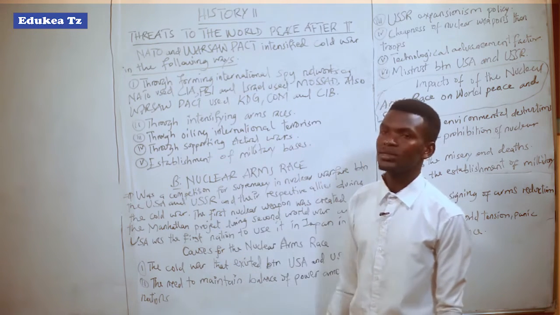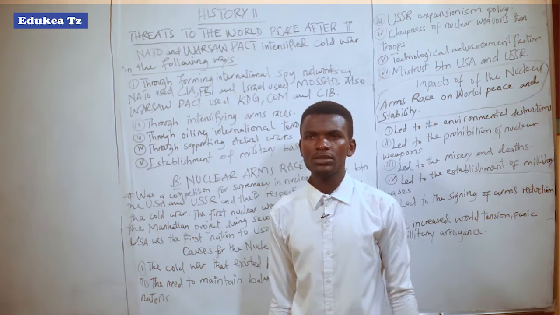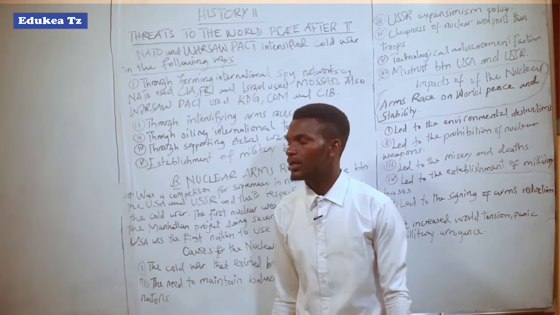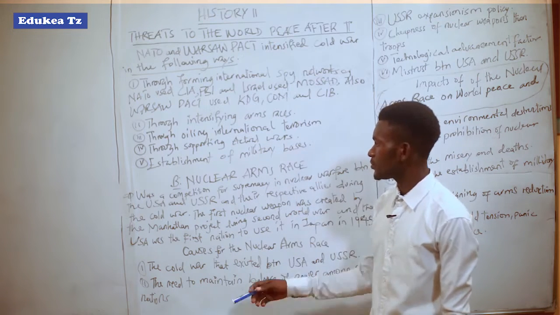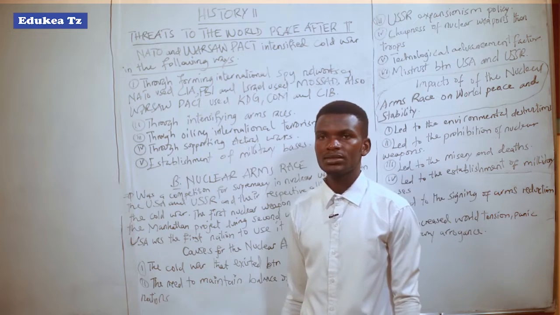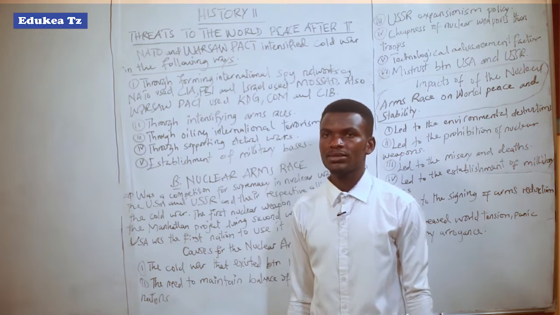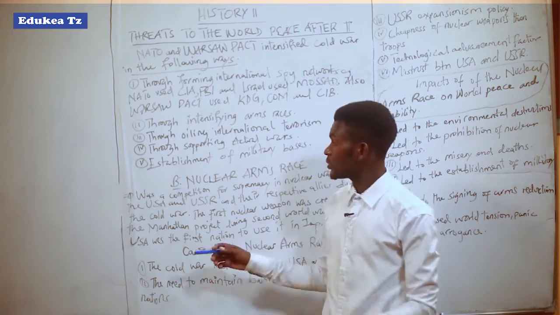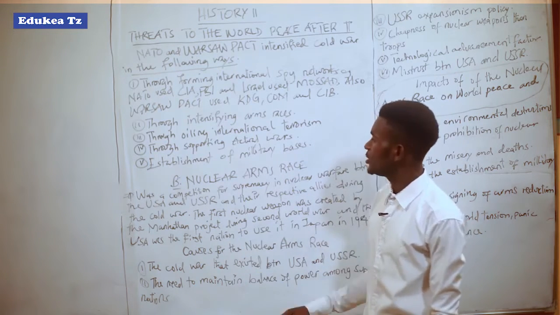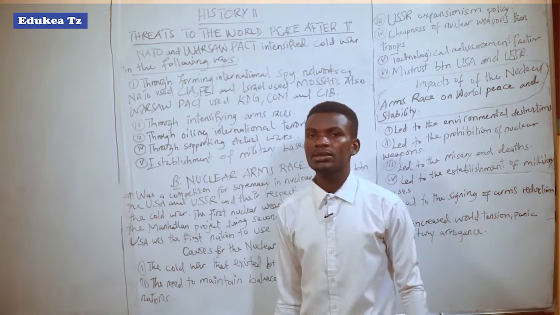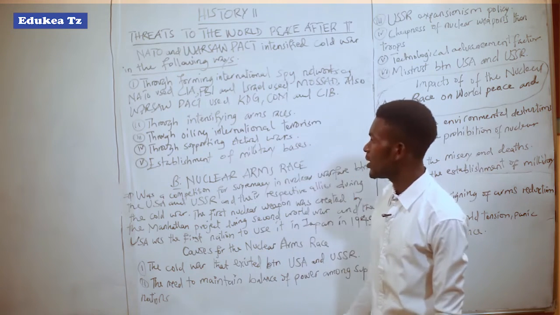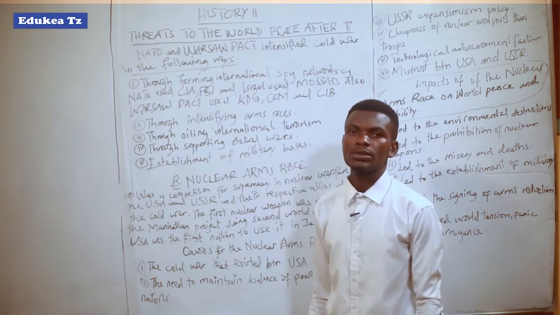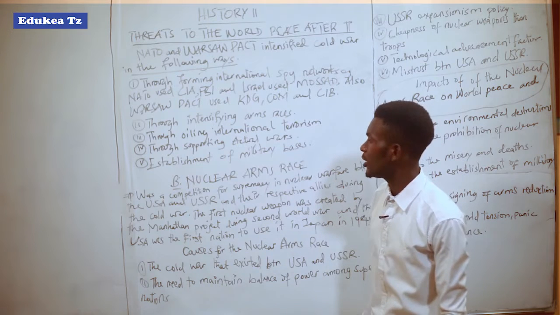For example, the USA established military bases in Kenya, South Africa, and other areas where they had influence to be protected against their enemies. Even the USSR responded by establishing military bases in Poland, Cuba, and other nations that were supporting the communist ideology.